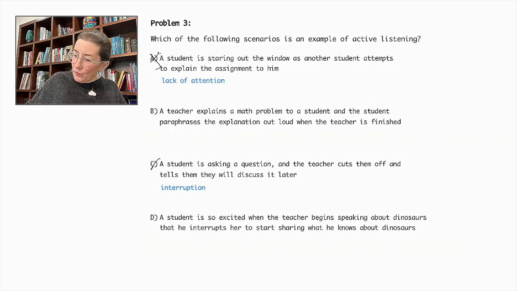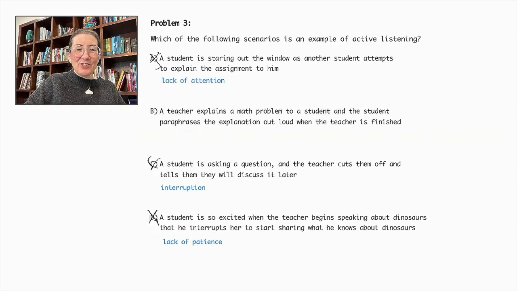So we can cross that out as well. Additionally, a student who interrupts the teacher out of excitement to share what they know about dinosaurs indicates a lack of patience and attentiveness to the speaker. So we can eliminate that answer as well.